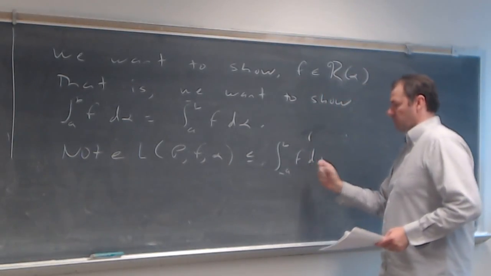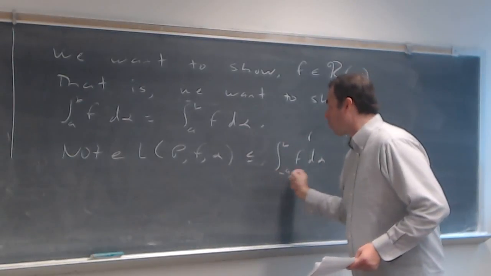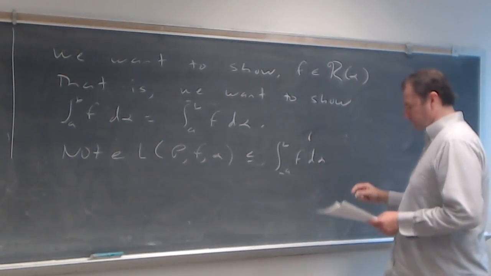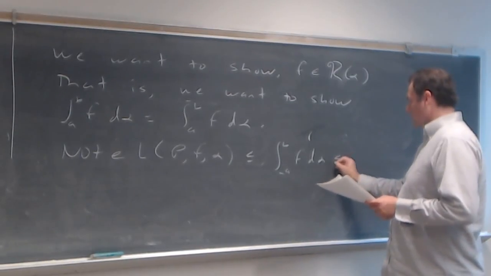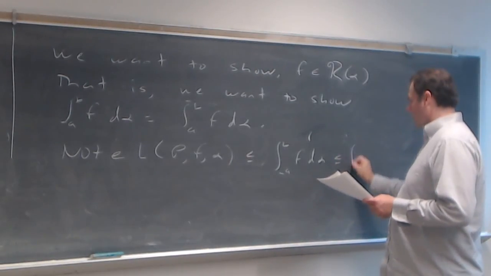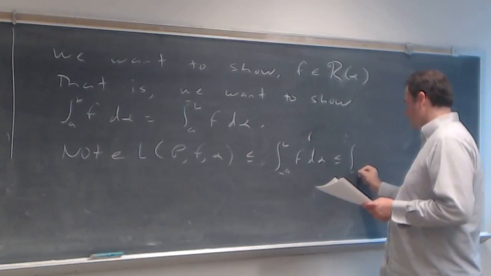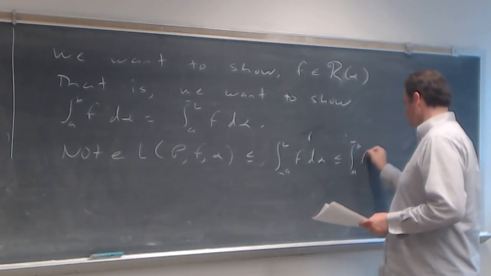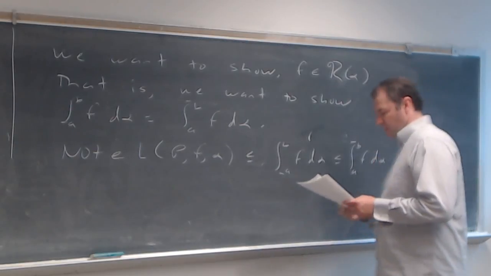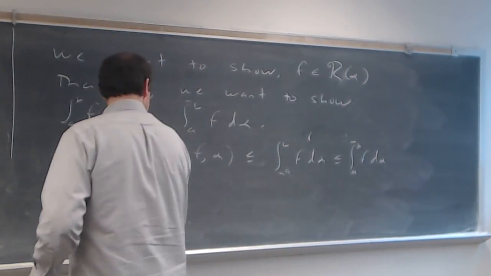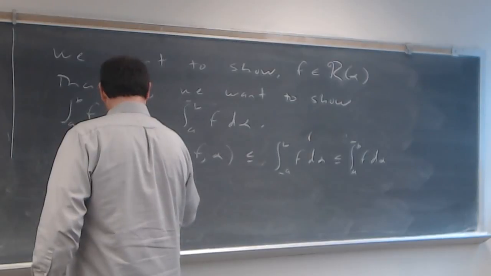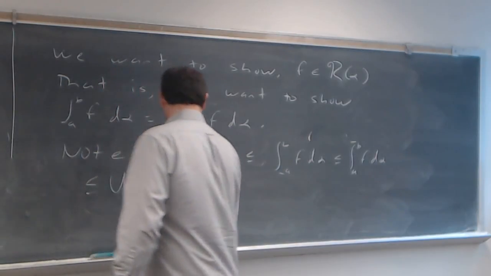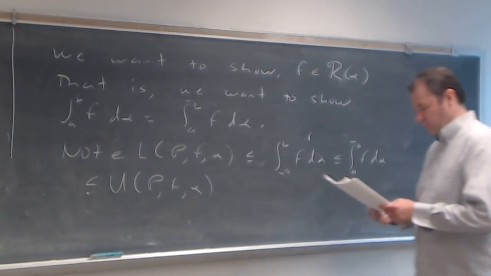This lower Riemann-Stieltjes integral is the supremum over all partitions of these sets, which is going to be less than or equal to the upper Riemann-Stieltjes integral, the previous fact, which is going to be less than or equal to the upper Riemann-Stieltjes sum with P. Okay?